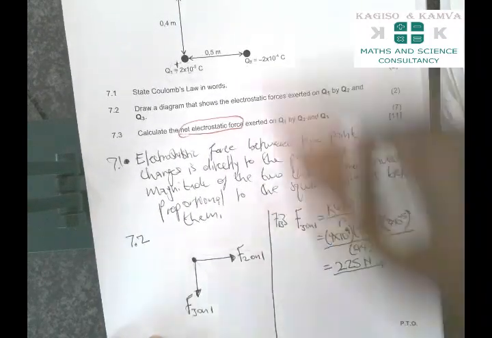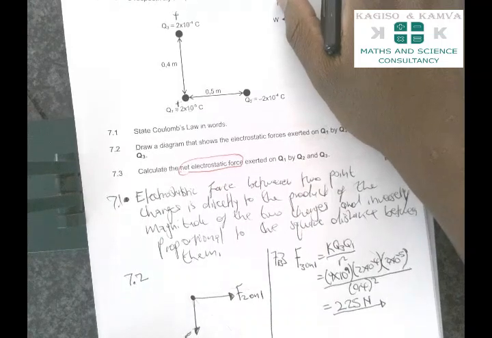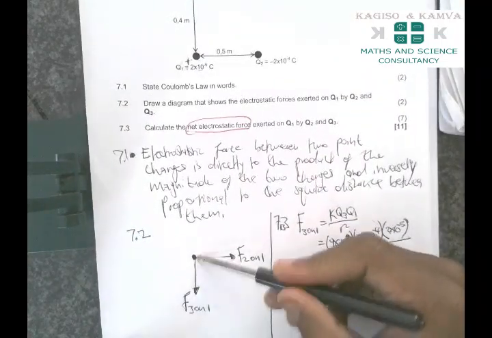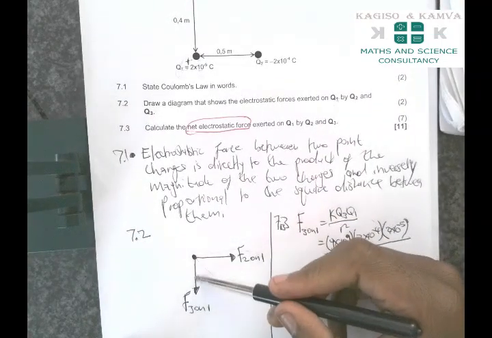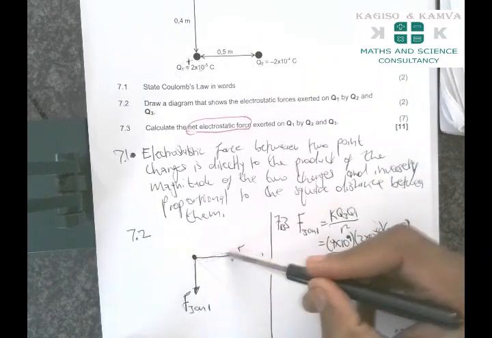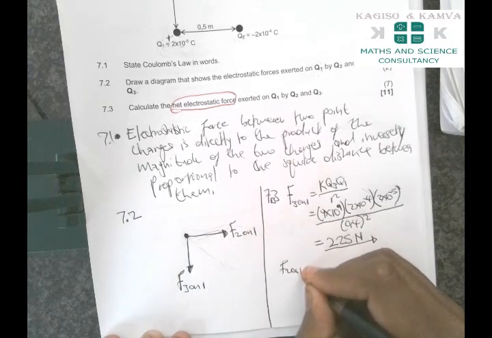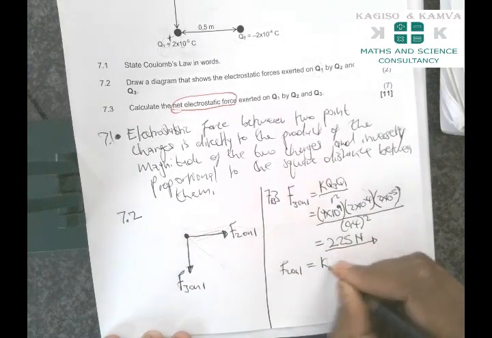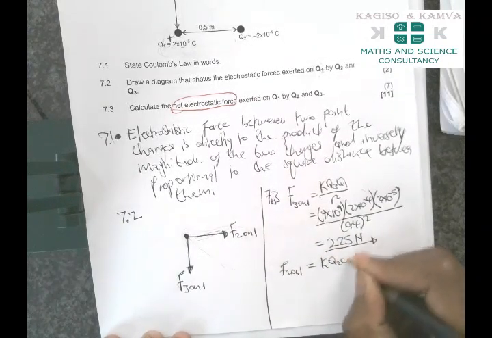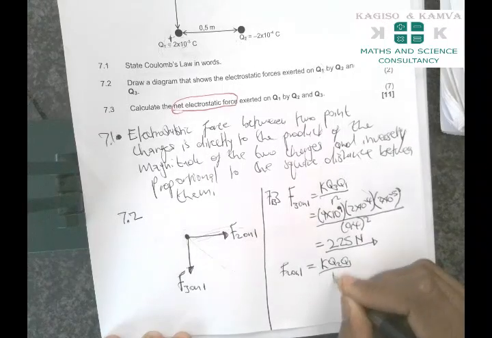And then we come. Now we just calculated this force here. Now we have to calculate that one, F2 on 1, which is equal to kQ2Q1 over r squared.